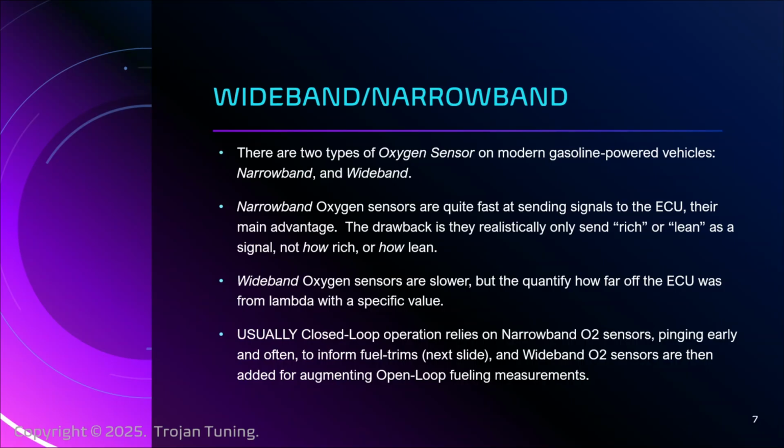So that's one thing. The other is typically in an open loop state, because we're not measuring and correcting, we're performing the calculations, but we're just trusting that the math we've done up to this point and that we filed away in these maps is accurate. And in order to be able to do this at all, even if you don't have a wideband sensor on the car, the classic path of the tuner begins with finding a wideband sensor aftermarket kit, getting a gauge and the sensor itself.